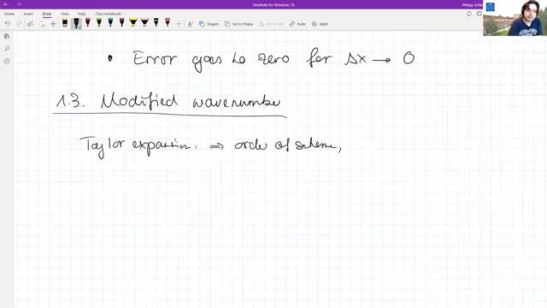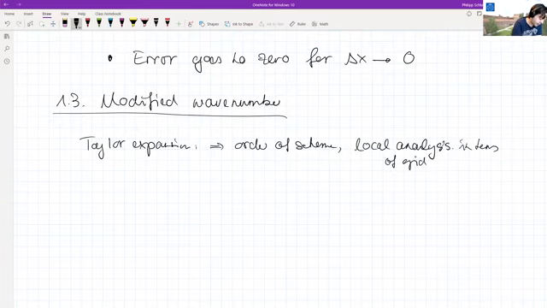And that gave us an idea of the truncation error. And in some sense, we can say that this is a local analysis of the error, because we know now the error in terms of the local grid spacing. And so local analysis in terms of grid spacing.